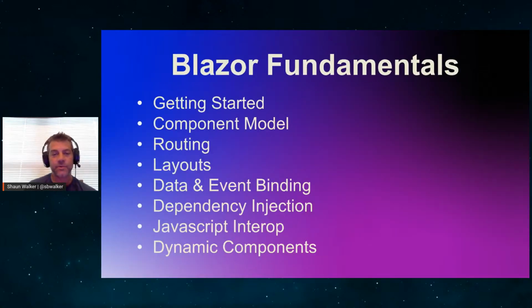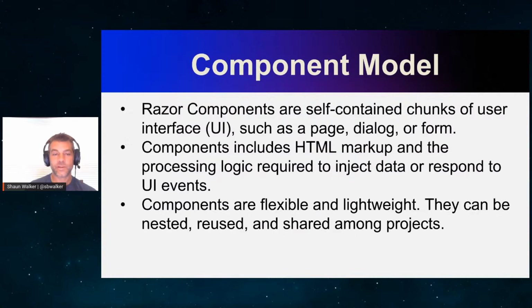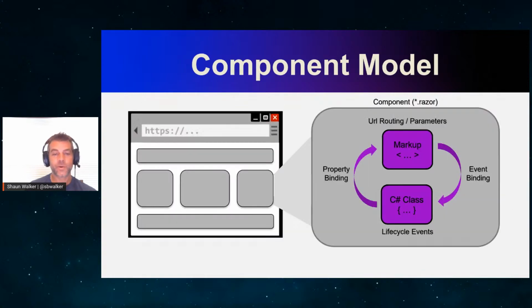I'm going to skip through a lot of this content because the Blazor fundamentals are things that most of you who have experimented with Blazor already are familiar with. So how to get Blazor, what Razor components are, the component model behind Blazor.